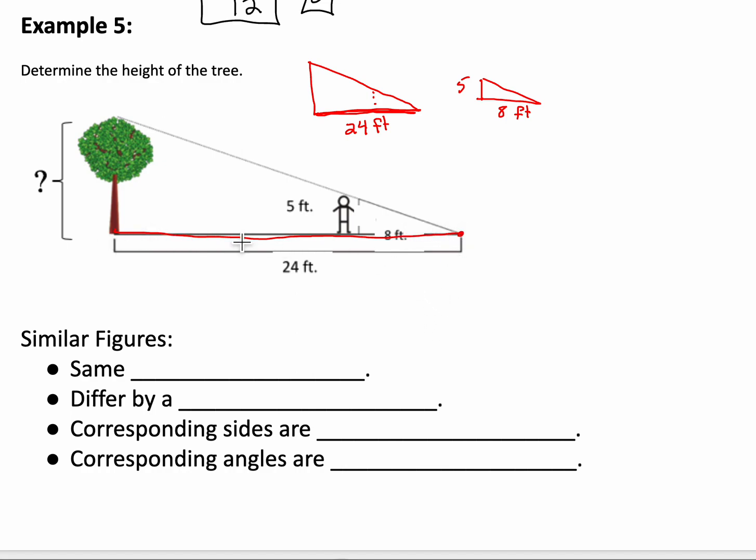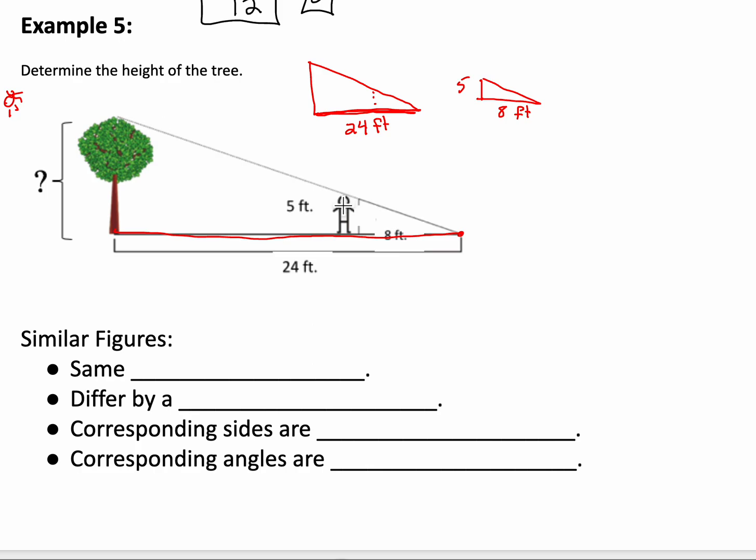Now, what that means is that a shadow, so if there's the sun up here, there might be a sun or a lamp or something, and it's making a shadow of the person and the tree. So that person's shadow is 8 feet long, but the tree shadow is this full length of 24.